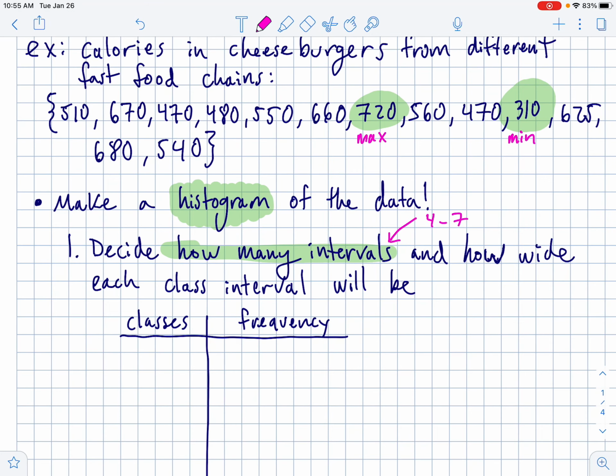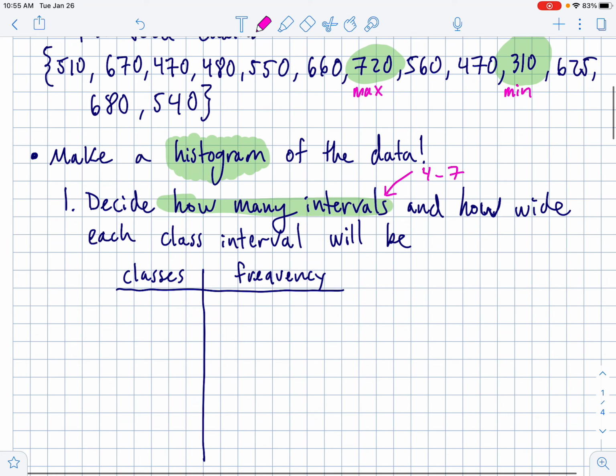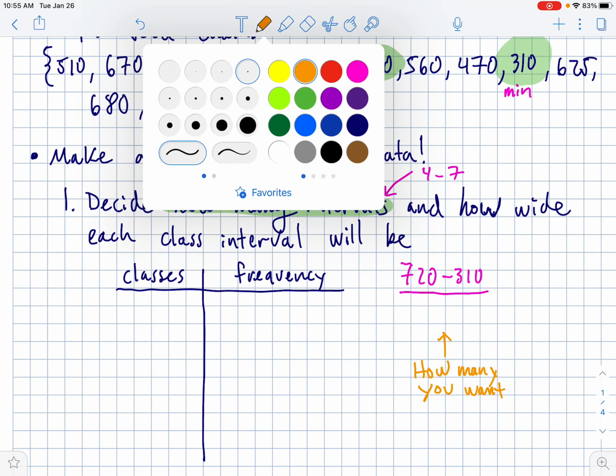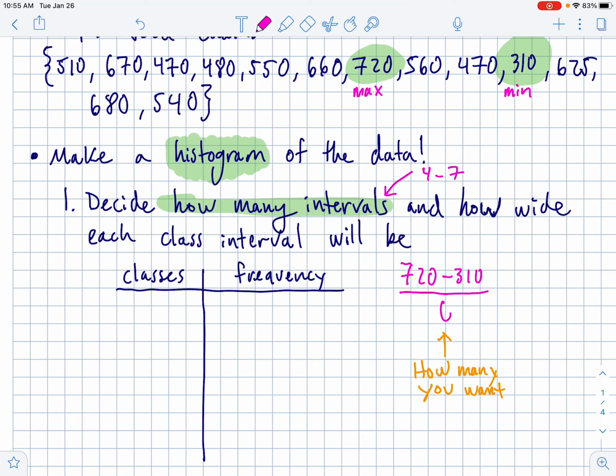So to find how wide your intervals are going to be, you take the range, which is essentially the top minus the bottom, 720 minus 310, and then you divide by how many intervals you want. In this case, I am going to say I want 6 intervals.